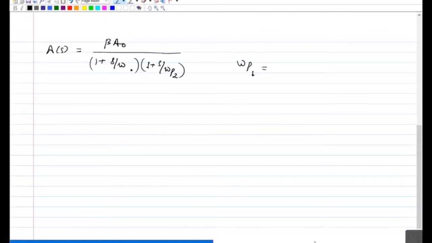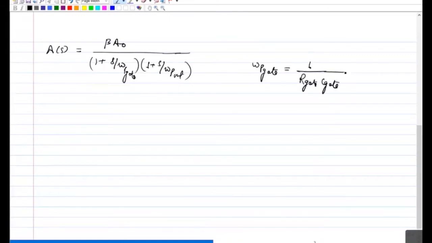Let me write it with whatever names we used earlier: we used omega P gate and omega P out, so let's keep the same names for poles so that we don't get confused. So omega P gate is 1 over R gate C gate, and omega P out is 1 over R out C out.